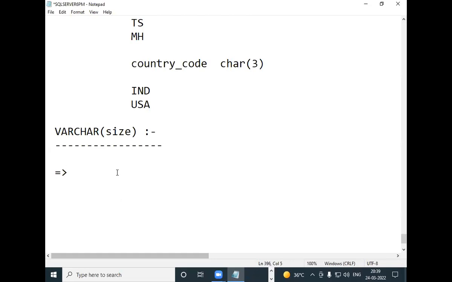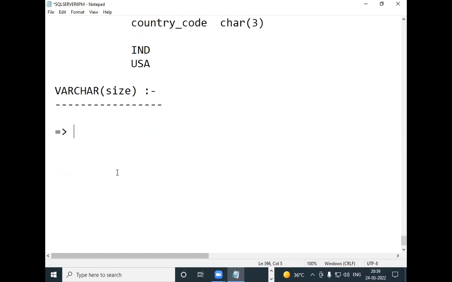This allows character data up to 8,000 characters.